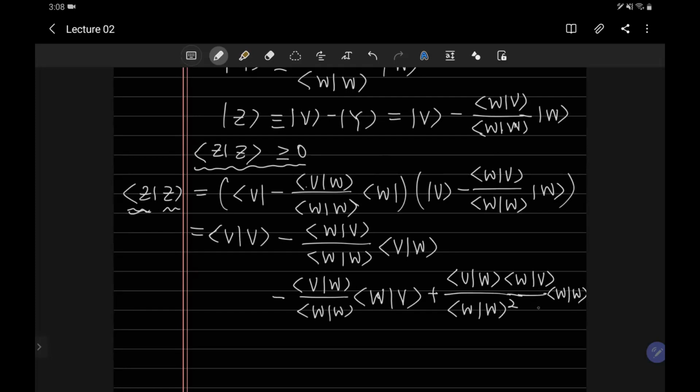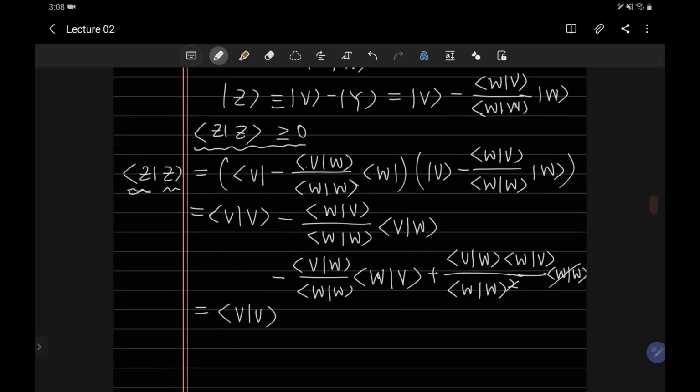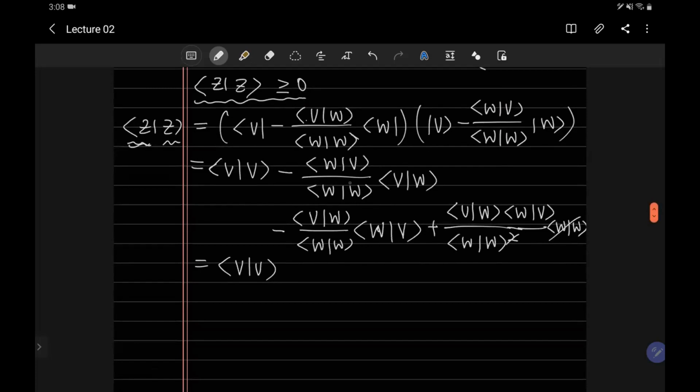So we have a square of WW in the denominator and here we have this one, so they will just cancel with each other. Now finally we have this VV, and we know that this is a scalar value, and this is scalar, and also scalar.